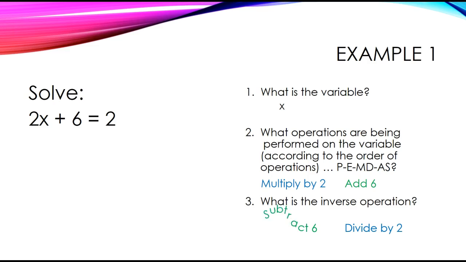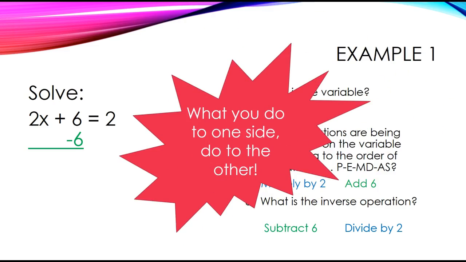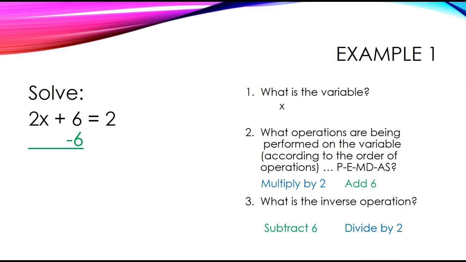So let's look at subtract 6. And we'll subtract 6 from both sides. When you combine your like terms on the left-hand side, and then when you combine your like terms on the right-hand side, we will get 2x equals -4.